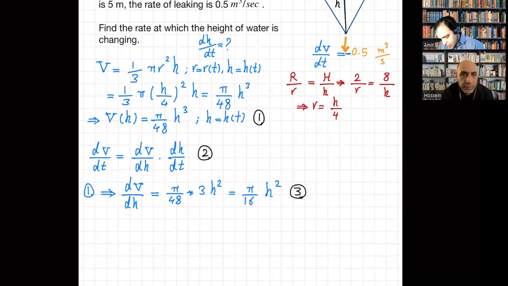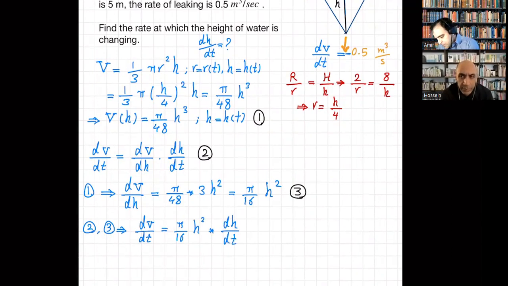So I put number 3 in number 2. From 2 and 3, I get dV over dt is equal to pi over 16 H squared times dH over dt.